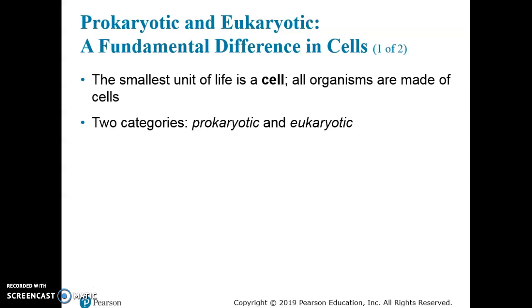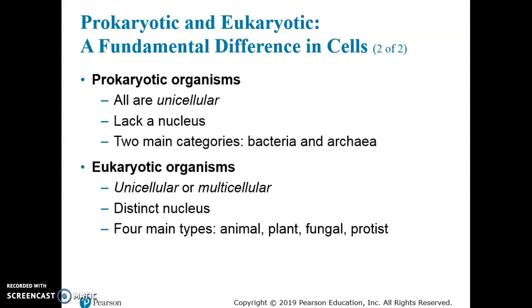Alright, so we've mentioned the two basic categories are prokaryotic and eukaryotic. This is just written out from what I mentioned in part 1, I believe. Prokaryotic cells or organisms are unicellular. That means there is just one cell that makes up a complete organism.